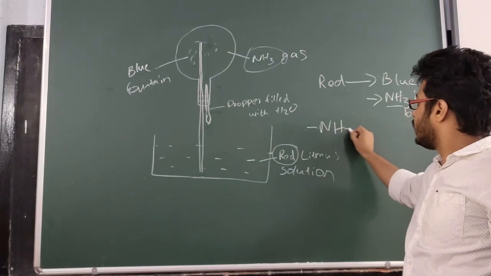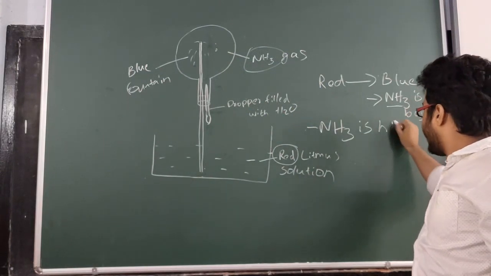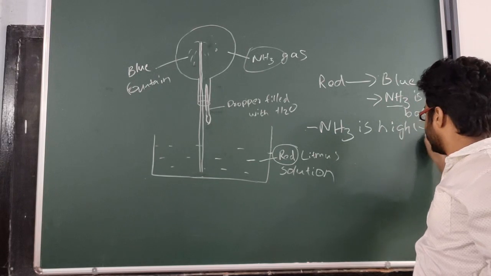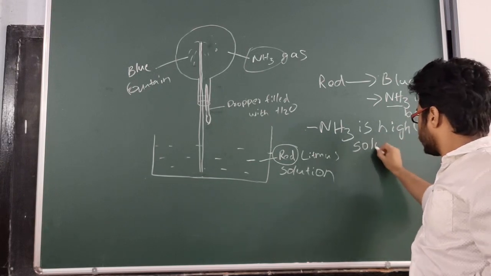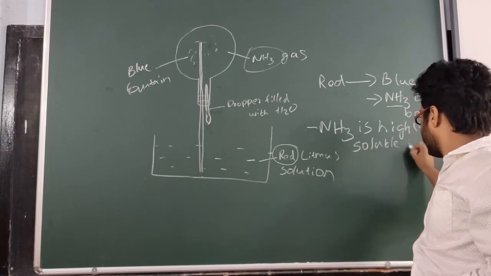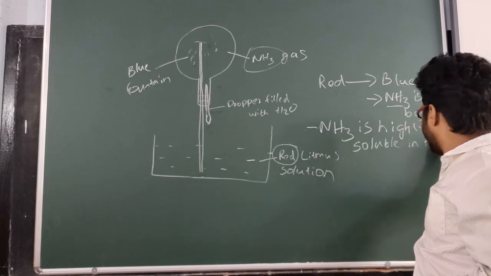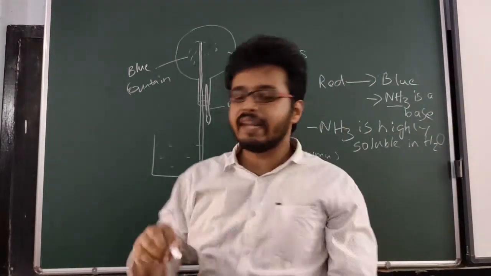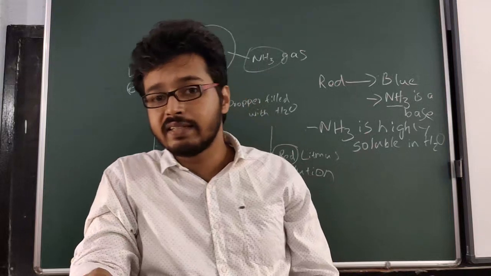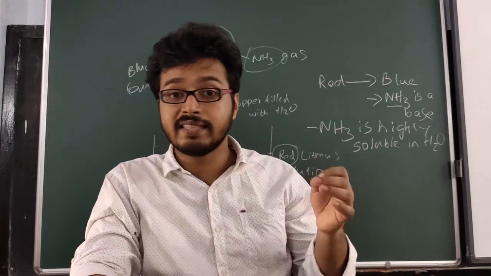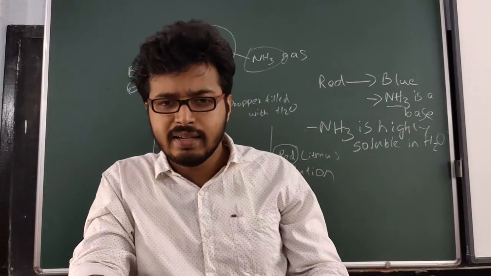NH3, ammonia, is highly soluble in water. As you remember, in the chapter on HCl, we discussed this property of HCl, the high solubility of hydrogen chloride gas.